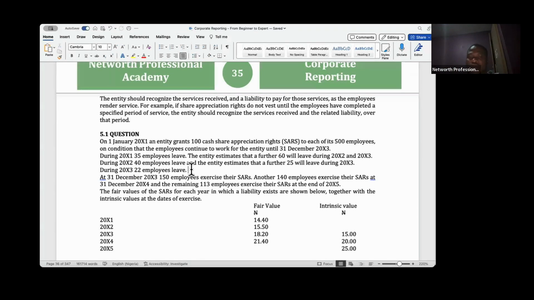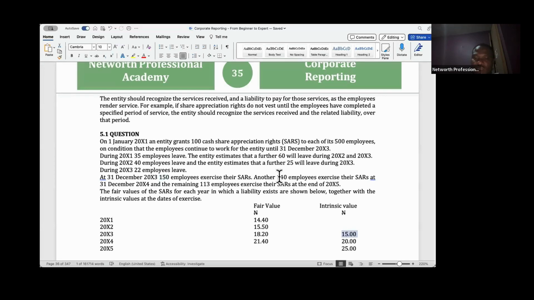It's different from equity settled, where it is the employee that will buy those shares at the exercise price. Though the money is small, it's the staff that will pay, and the company that will receive money. But for this one, the entity is actually paying. So at the end of that same 2003, they will pay 150 people, and they will pay each of them 15 naira.